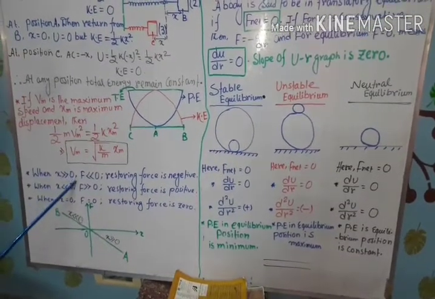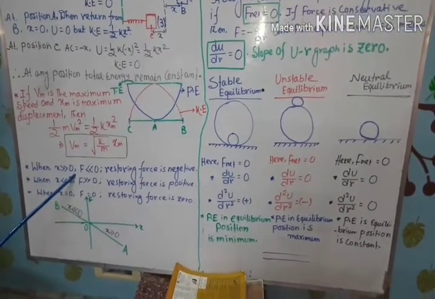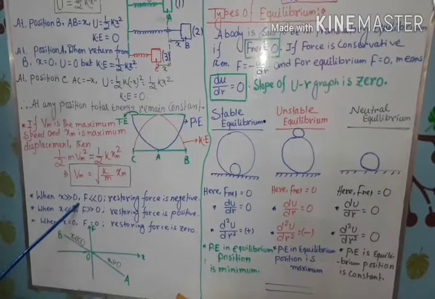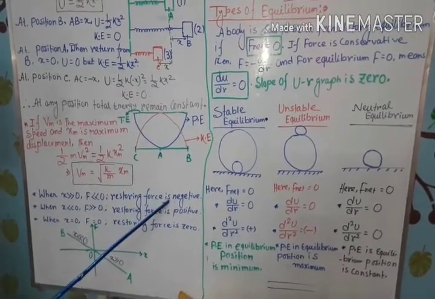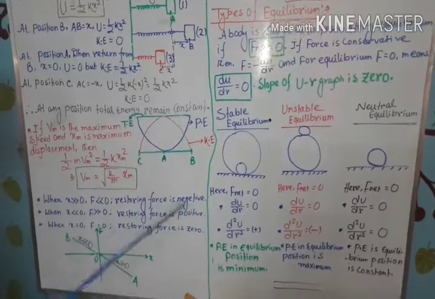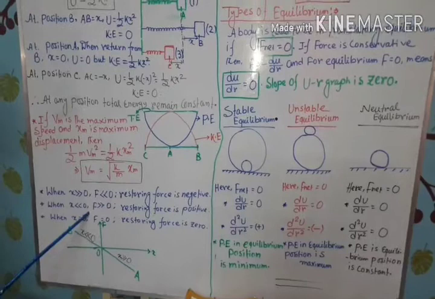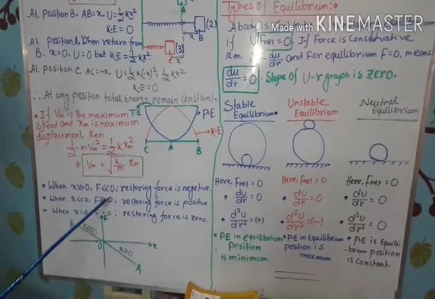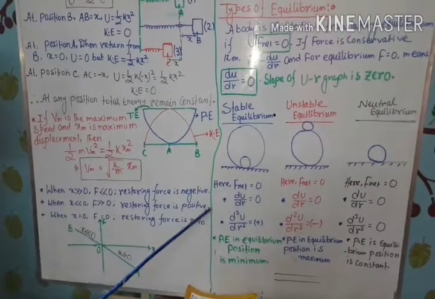When x is greater than 0, it means the length of the spring increases. Then the restoring force acting on the spring is negative. Whenever x is less than 0, it means the spring is compressed, then F is greater than 0, which means the restoring force acting on the spring is positive.